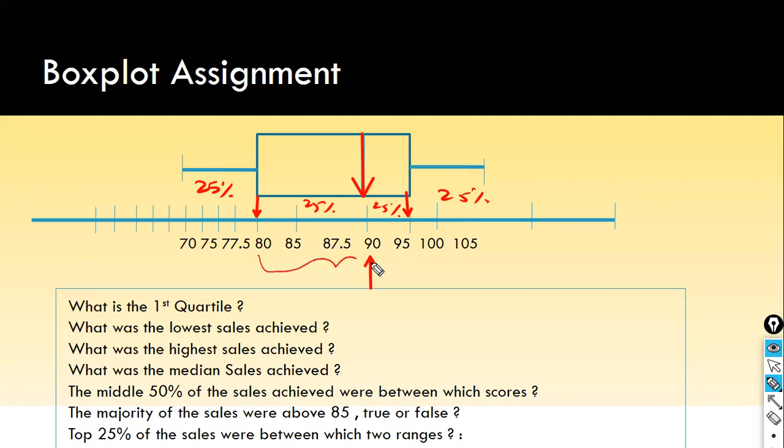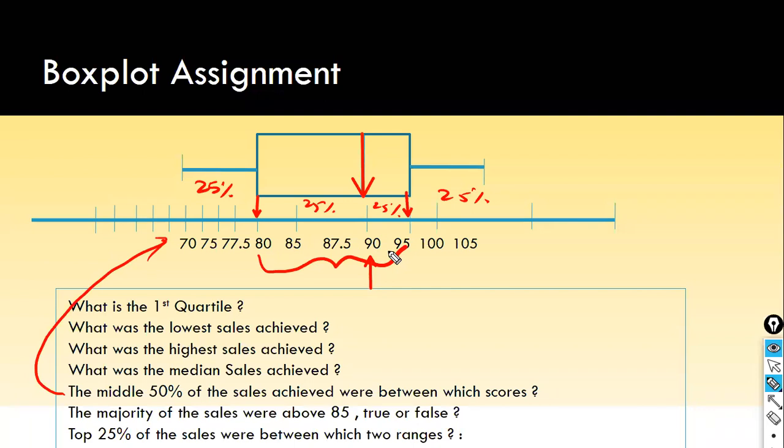So the middle 50% of the sales achieved were between which scores? Since it's a between question, you need to tell this value, 80 and 95. You are correct. 80 and 95.